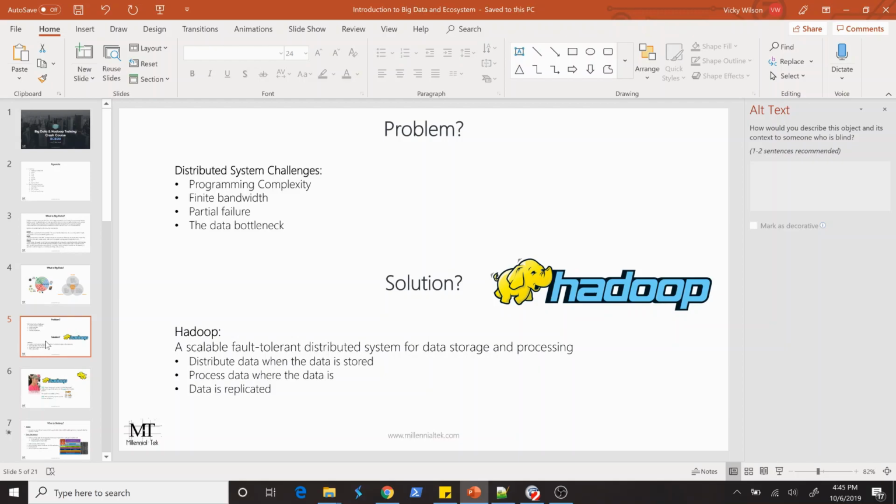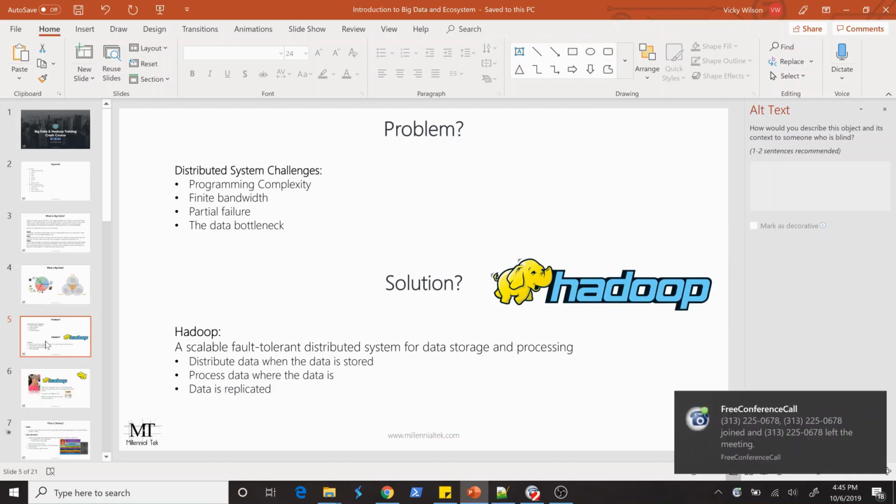That's how Hadoop's birth came into the picture, to solve these distributed system challenges. Hadoop was mainly designed to handle distributed data problems, keeping in mind fault tolerance and cost effectiveness.